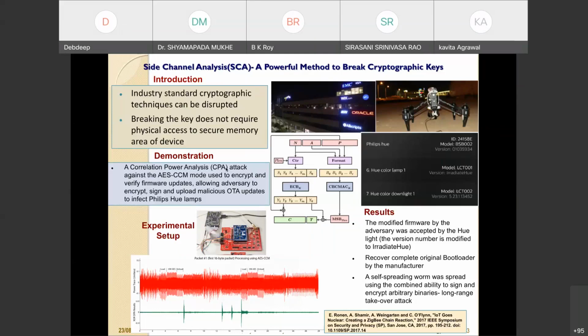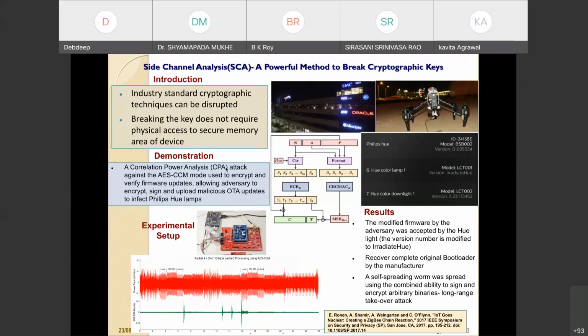Now what this paper shows is that the security system for these bulbs can be bypassed by a technique called correlation power attacks, or CPA.